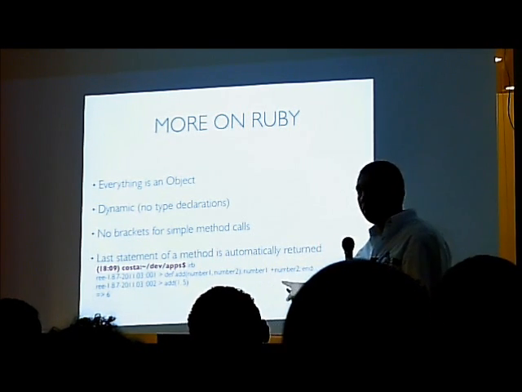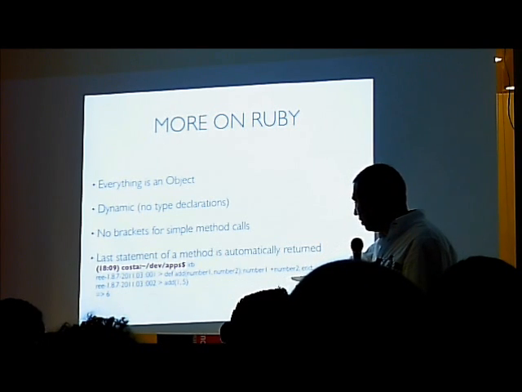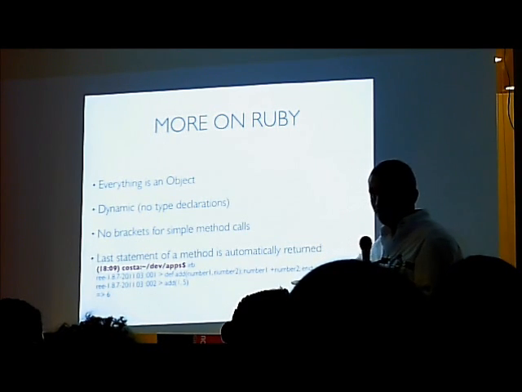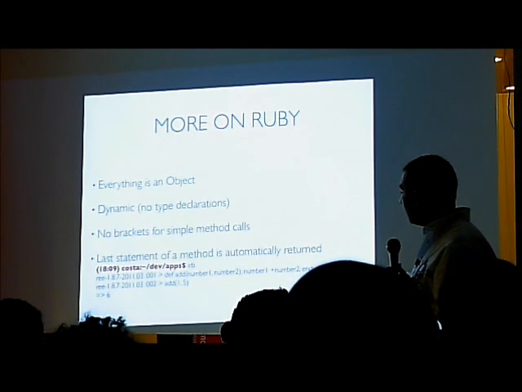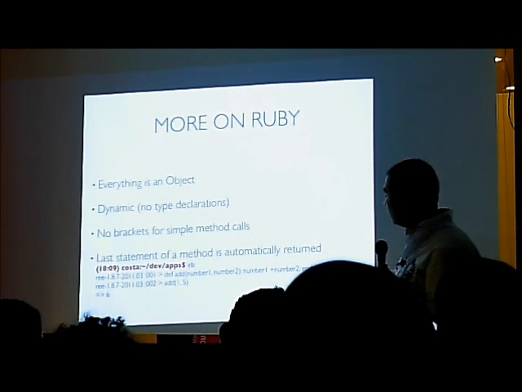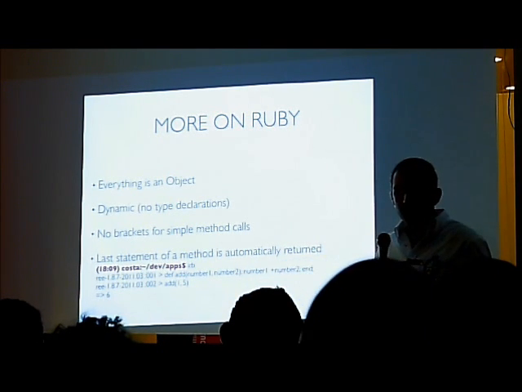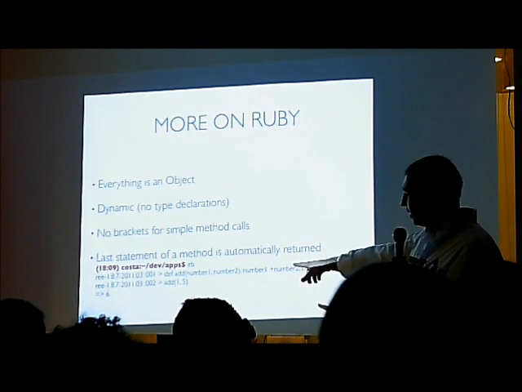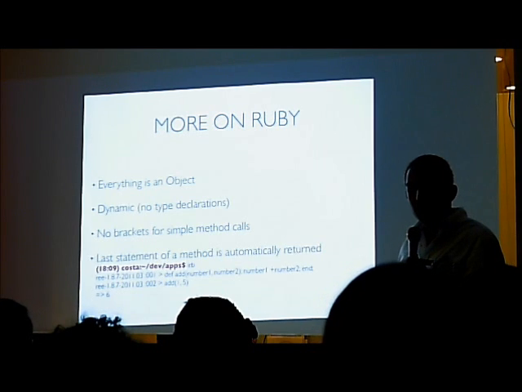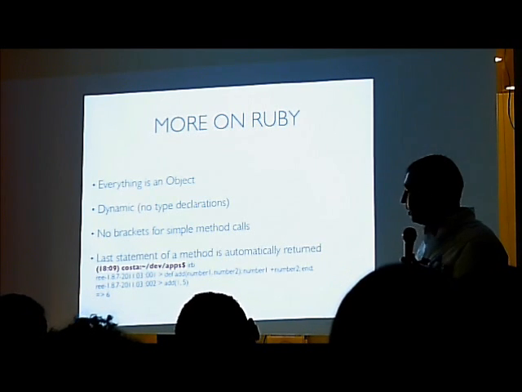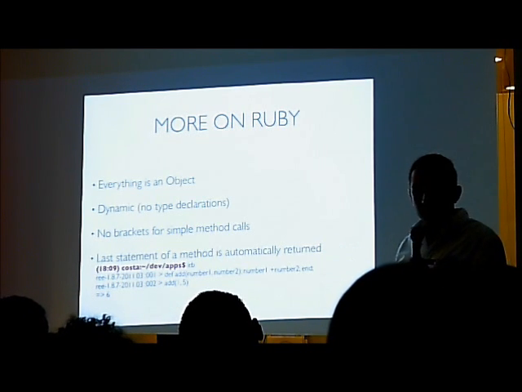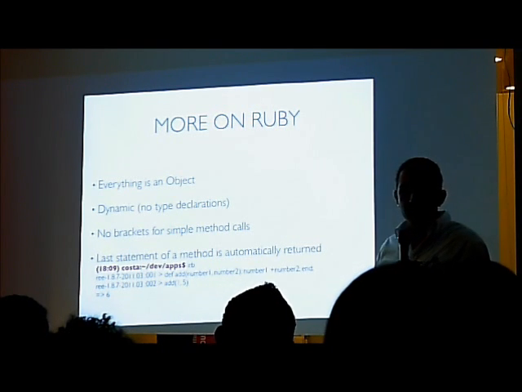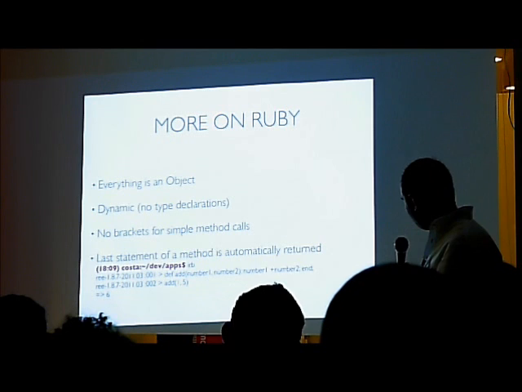And then inside the method, I say I want number 1 to be added to number 2. And then this will be returned. And here is the end of the method definition. And then on the second line, I call the method, and I pass 1 and 5. And that returns 6. So as you can see, I don't have any explicit returns in my method definition.